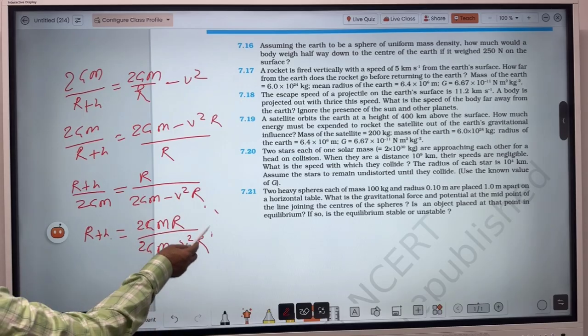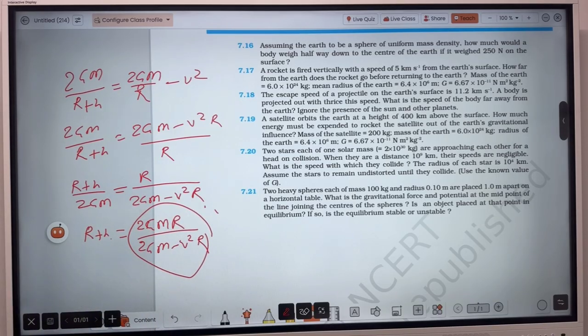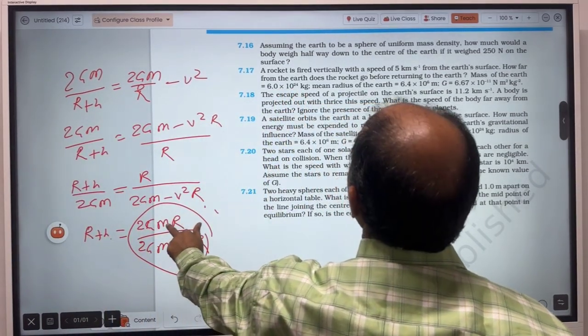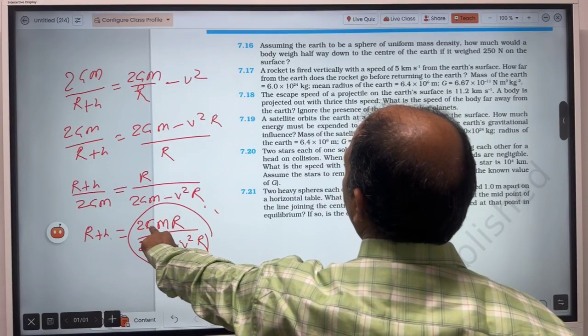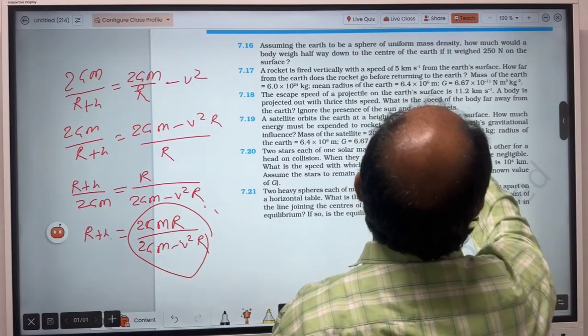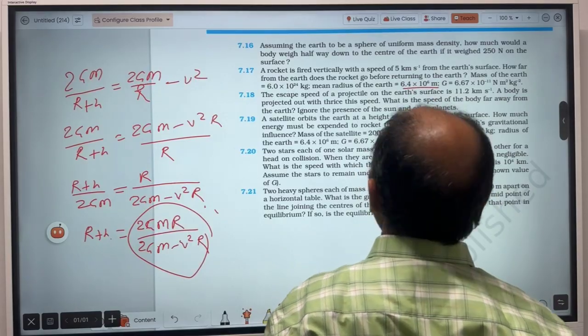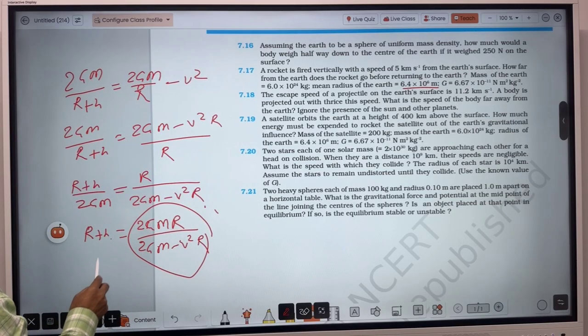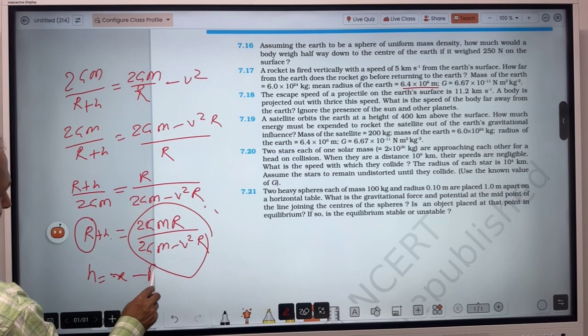Now evaluate it by putting in the values. The mass of Earth is given as 6 into 10 power 24, the value of G you know is 6.67 into 10 power minus 11, and the mean radius is given. Whatever value you get, from that value you have to subtract the radius of Earth. So h will be the value so obtained, suppose this is X, minus R. It is a little complicated, just a calculation is involved, you can do it.